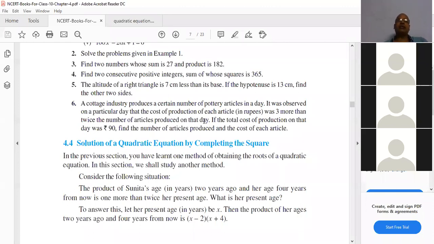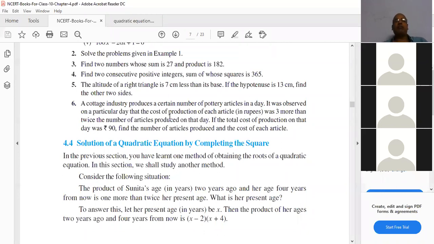What does 3 more than twice the number of articles produced mean? Twice means 2x. 3 more than means plus 3.